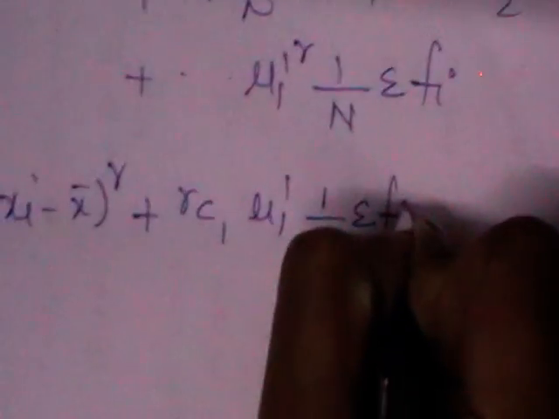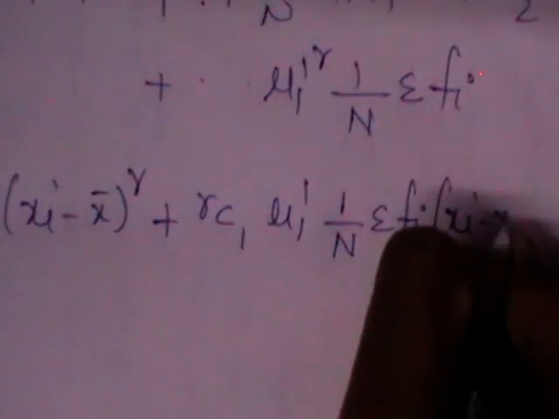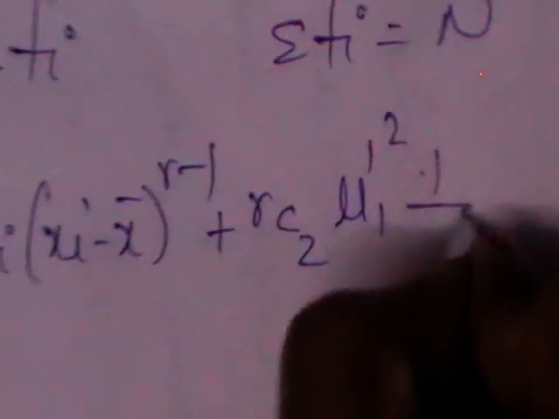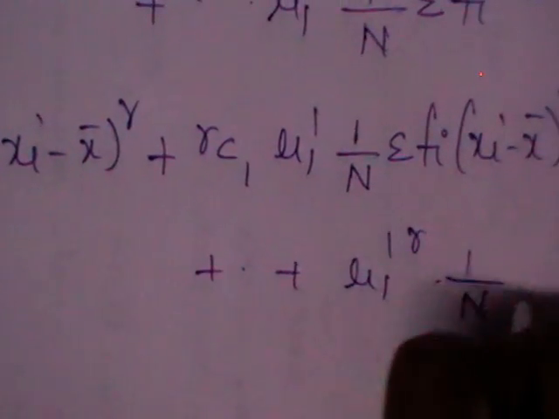Plus rC1 mu1 dash, 1 by n sigma Fi into xi minus x bar whole power r minus 1, plus rC2 mu1 dash square, 1 by n sigma Fi into xi minus x bar whole power r minus 2, plus and so on, mu1 dash whole power r, 1 by n into sigma Fi is nothing but n, both cancel.